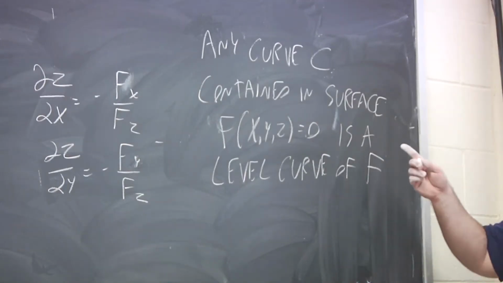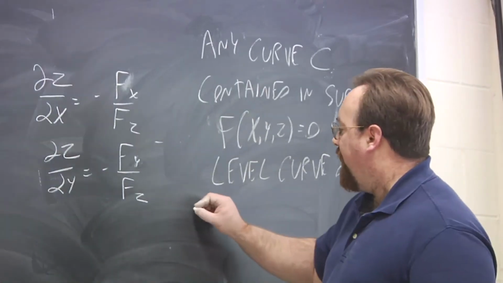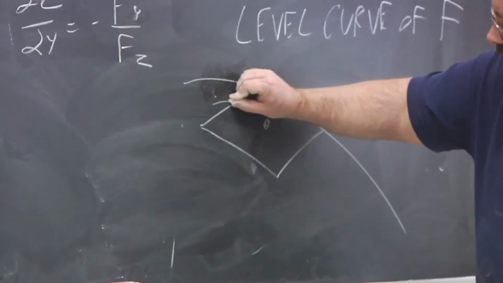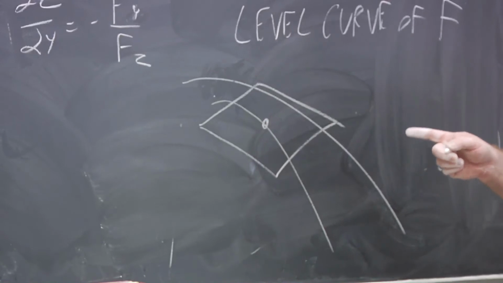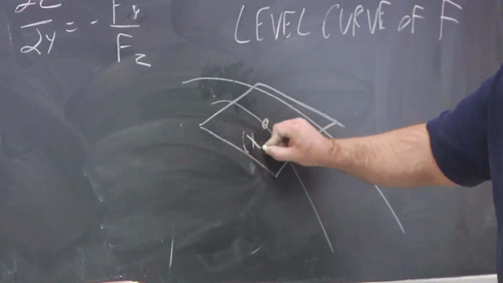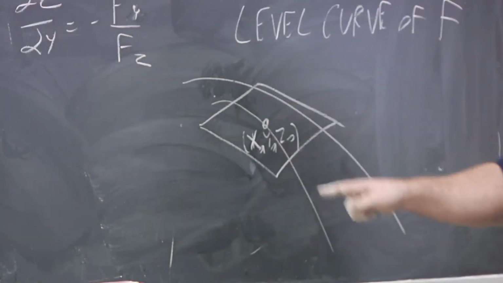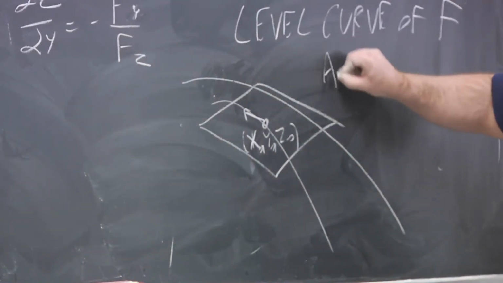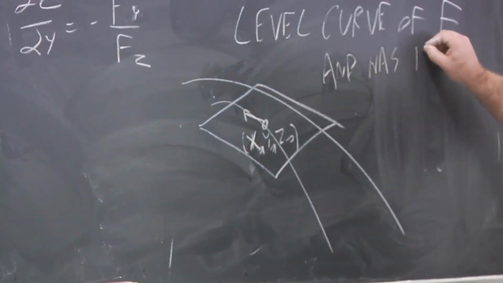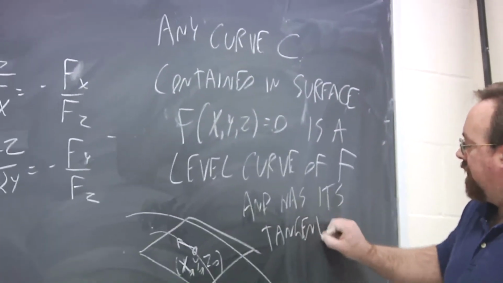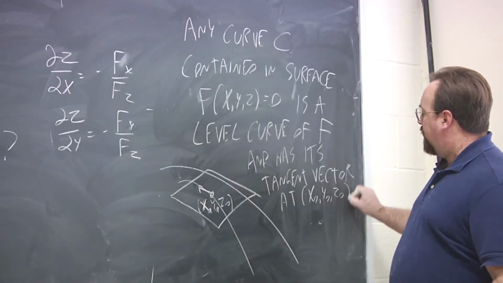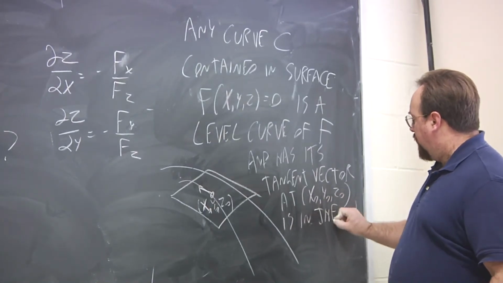Because it's a level curve of f, that means that if this is our surface, here's a particular point on the surface, here's the tangent plane we're trying to get, and we have some curve passing through this point, x naught, y naught, z naught, then the tangent vector of this curve at this point is in the tangent plane.